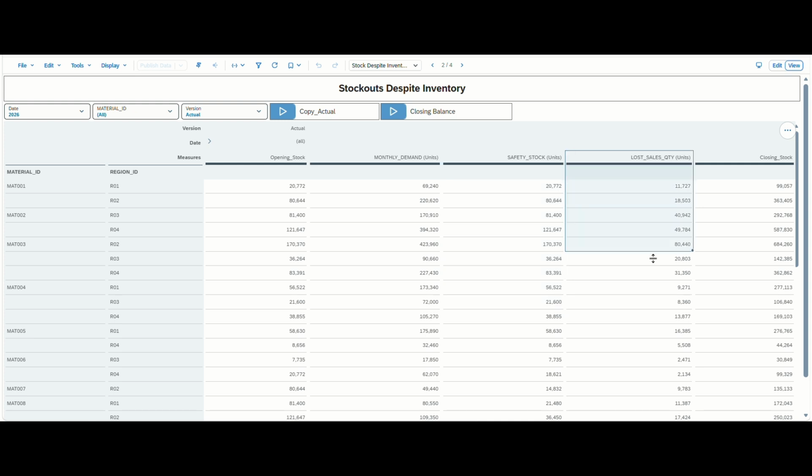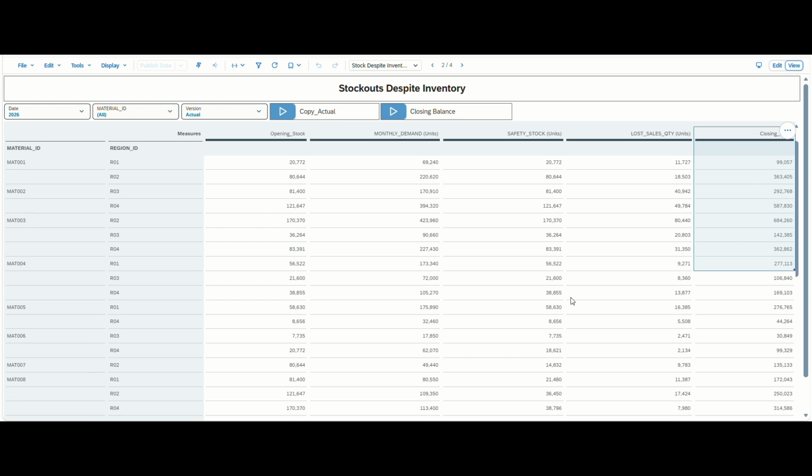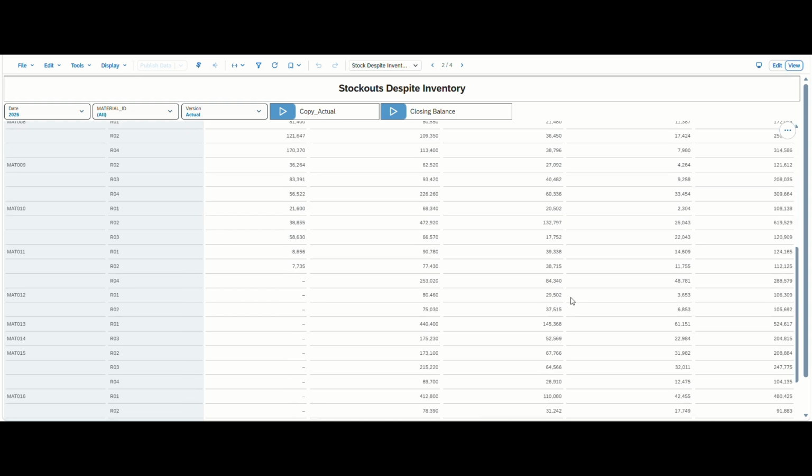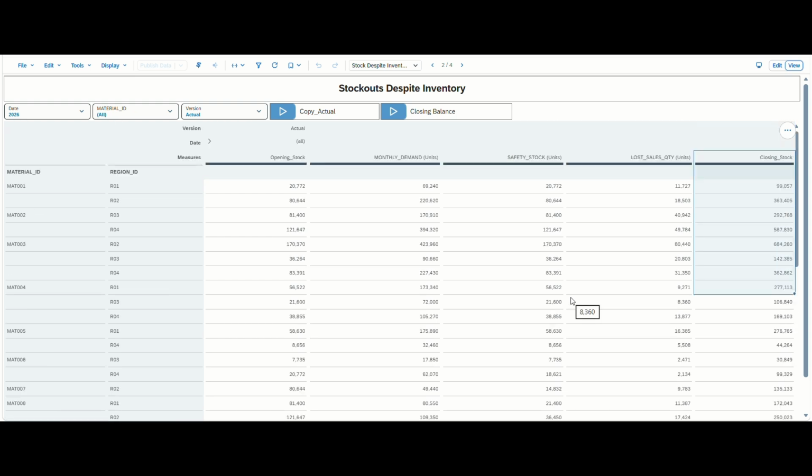Moving on, the lost sales quantity measure identifies the quantity of sales lost due to stock unavailability despite inventory existing within the supply network. Finally, the closing stock metric provides visibility into the remaining inventory balance after fulfilling operational demand requirements. Together, these measures provide a complete view of inventory allocation efficiency, stock utilization, and fulfillment performance.